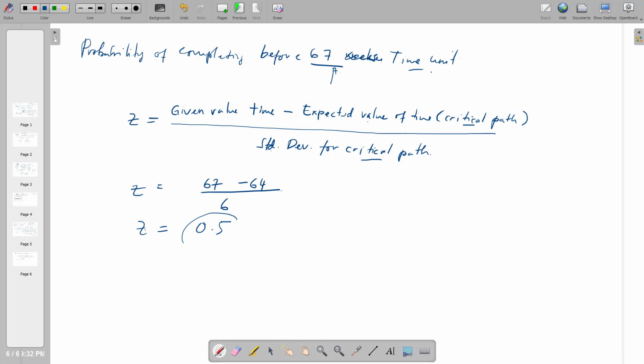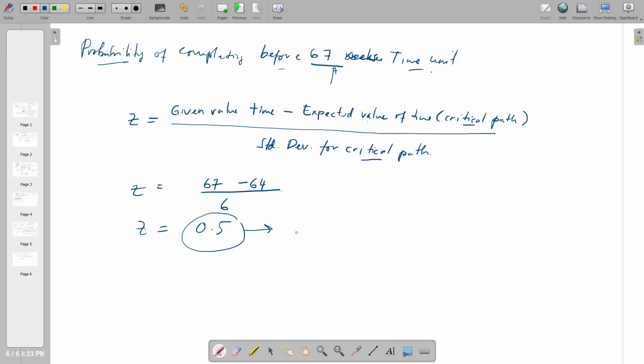What you have to do with the z value after this, I think you can find it easily later on from the internet. After you get the z value, this is not the probability. Remember that we are asked for the probability of completing before 67 weeks. Now we have the z-value of 0.5, which is not the probability yet.